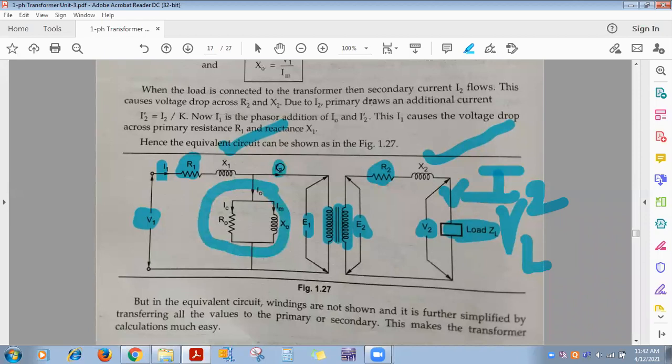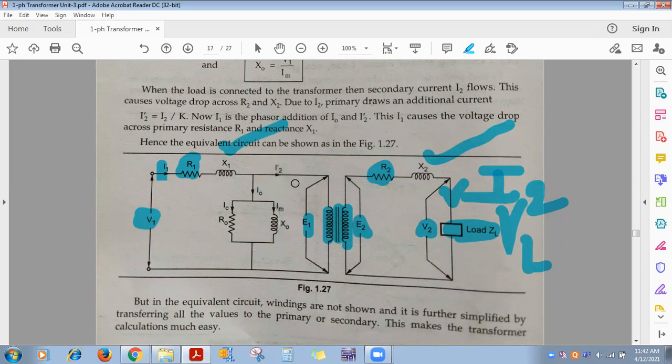If you remember, I told you why the flux in the core of the transformer remains constant. So the moment I2 starts to flow in the secondary, it produces phi2 in the opposite direction to phi1. At that time the transformer takes additional current. See this one, it is I2 dash.